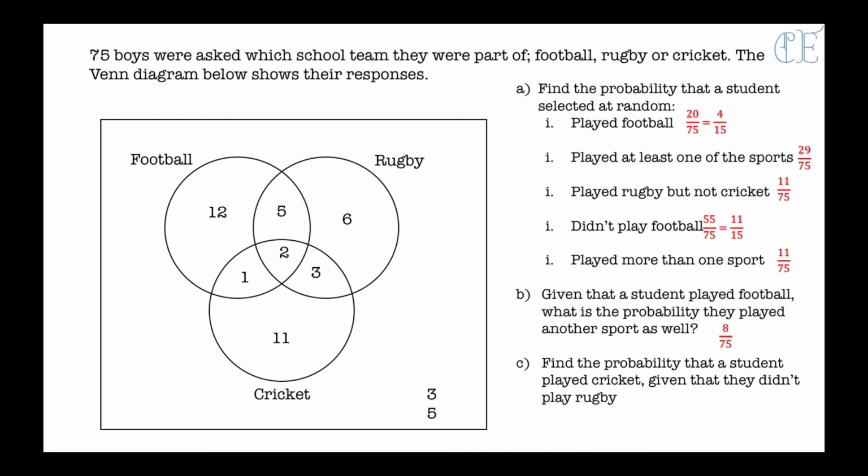Finally, find the probability that a student played cricket given that they didn't play rugby. That must be just this section here. If they played cricket, you've got 11 there, and you've got one person who played cricket and football. But you can't use this one or this one because they include rugby. So it must be 12 out of 75, which can be cancelled down to 4 over 25.